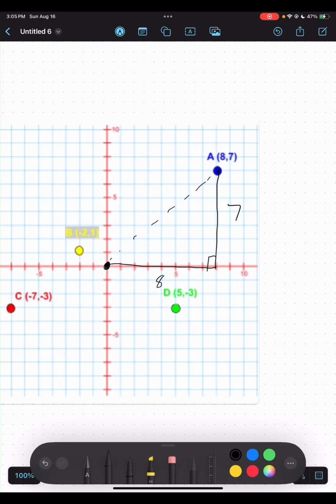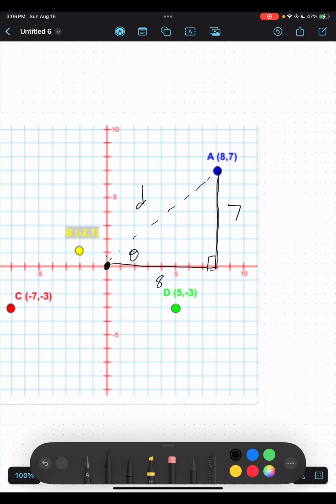Instead of going to the right and up to get from here to here, I can just go diagonally. So I can treat this like it's a right triangle, because this is the equivalent of going like this, stopping, and then going like this. And so I can find this angle and this distance, and then we're good.